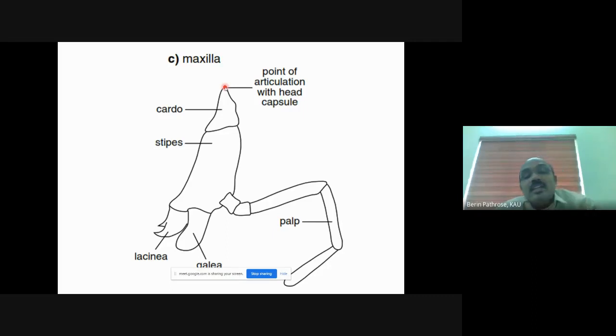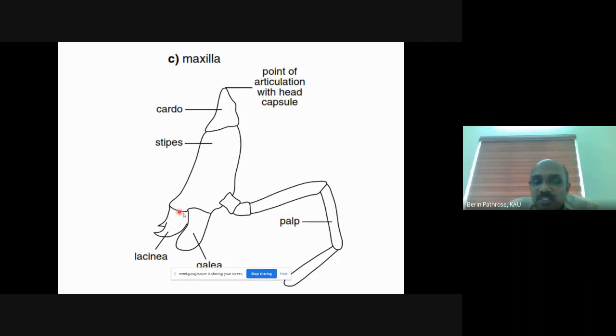It is attached to an area of the insect called the subgenal area that we have discussed in the last class. So the basal part of maxilla is attached to the subgenal area of the insect head, and this basal part is called cardo. You can see it over here. Distal to cardo is a structure called stipes.